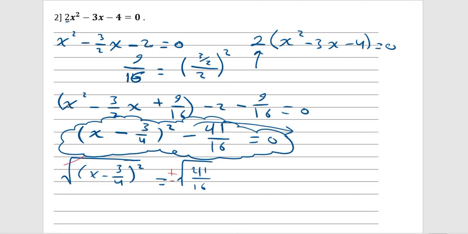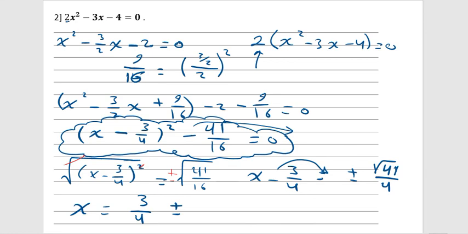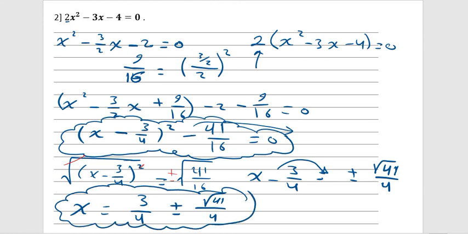Here we'll cancel the root with power 2, then x - 3/4 = ±√41/4. On the calculator, if you write root 41 over 16, it will be root 41 over 4. Then move this part to the other side, then x = 3/4 ± √41/4. We have two solutions: 3/4 + √41/4 and 3/4 - √41/4.